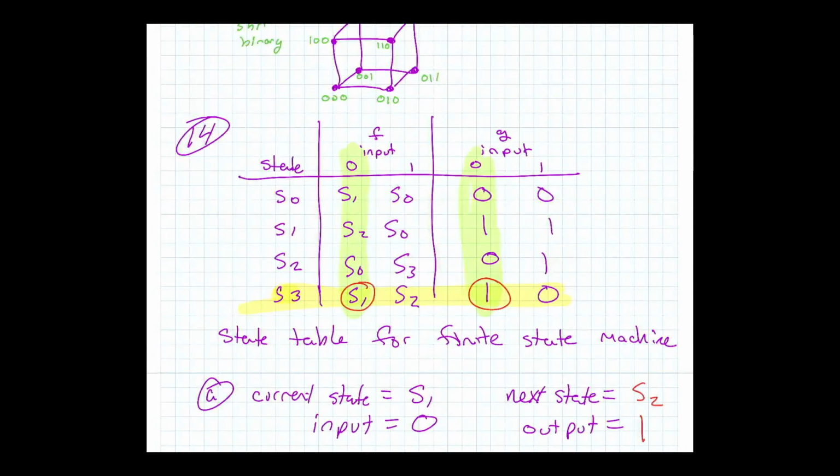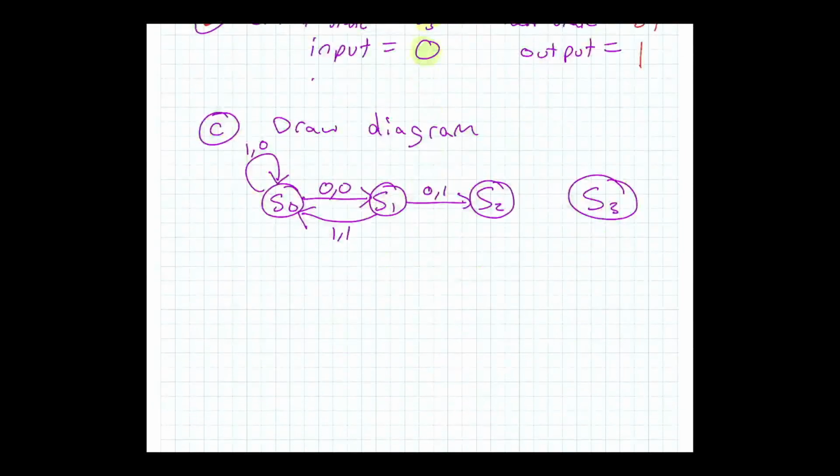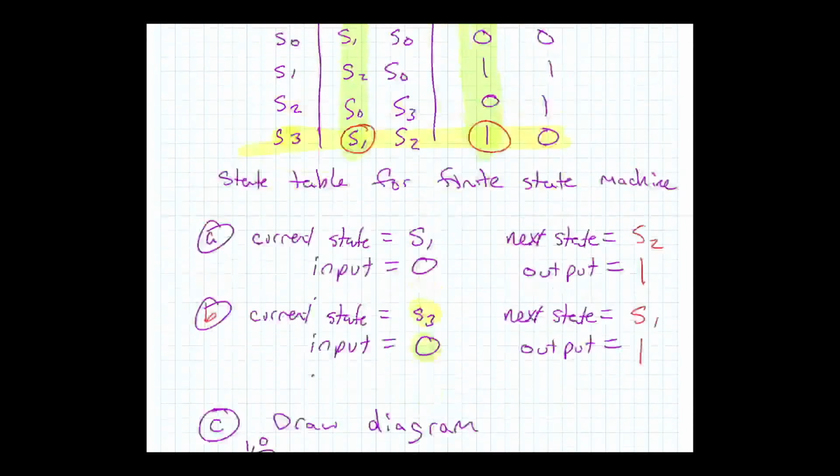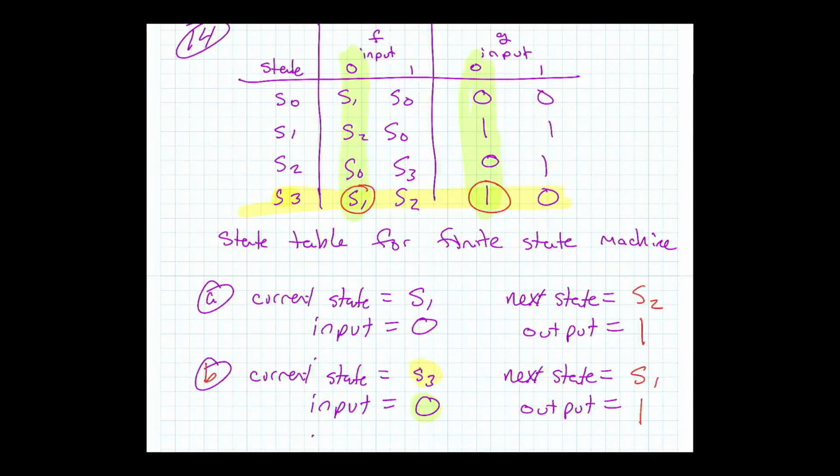Next row, S2 row. So S2 can go to S0 or to S3. So S2, S0, S2, S3. 0 or 3. Okay. Now, how do we label them? So first one here was input 0.